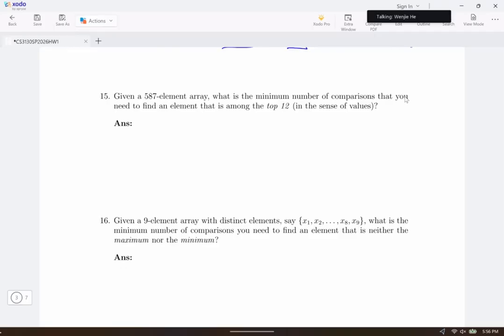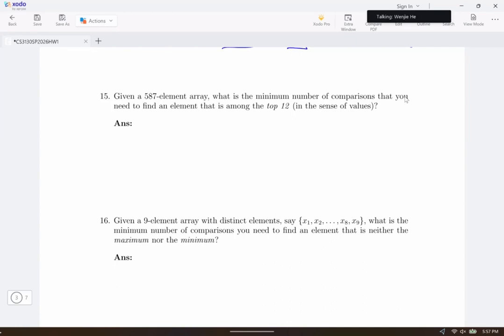Some students just do the formula and get the right answer, but they may not know why we need to use the formula in this way. So let me explain the main ideas here.